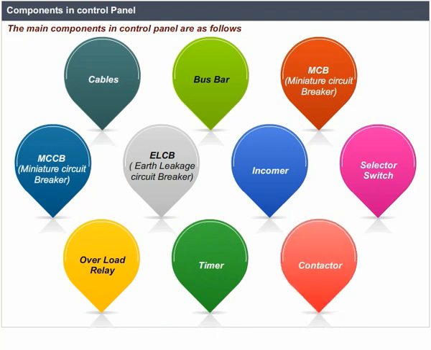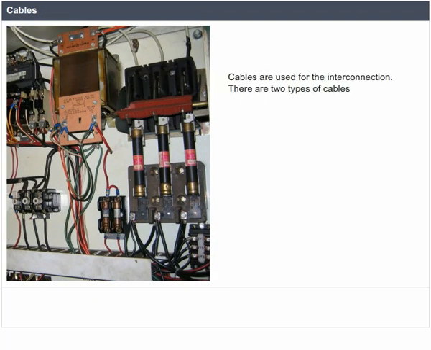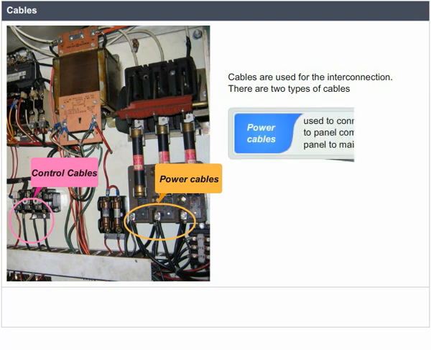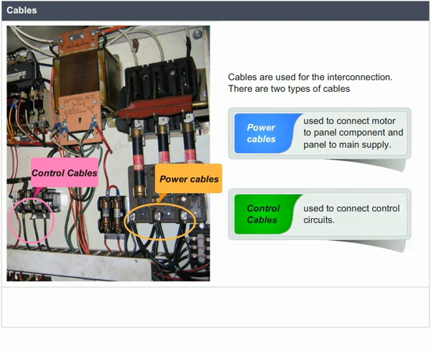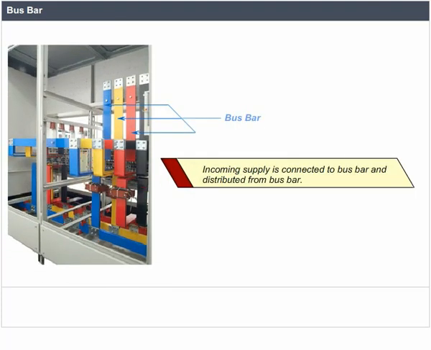Cables are used for interconnection. There are two types of cables: power cables and control cables. Power cables are used to connect the motor to panel components and the panel to the main supply. Control cables are used to connect control circuits. Bus bar: incoming supply is connected to the bus bar and distributed from the bus bar. It is normally made of aluminium.